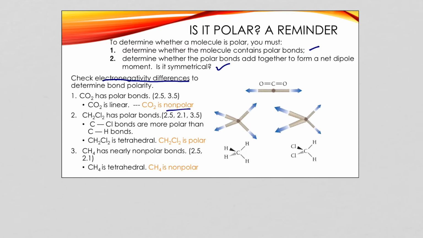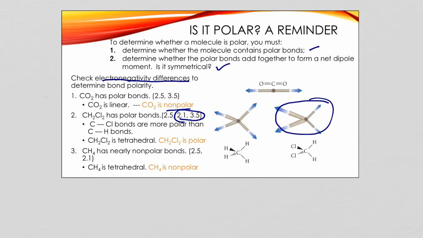But on the other hand, something like CH2Cl2 has polar bonds. The C-Cl bonds have a difference of 1.4, so we have some polar bonds. We also have a non-symmetric shape.